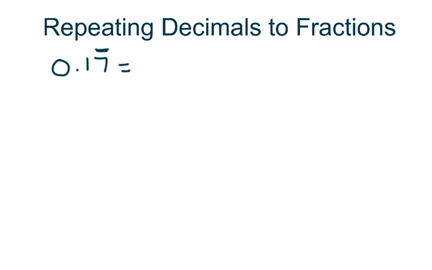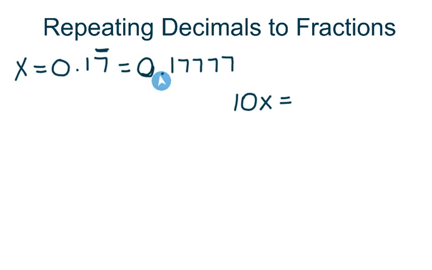So this decimal is actually equivalent to 0.17777 and repeating. So that is our x value. So again, one decimal place repeats means we only need 1 zero in our multiplier. So 10x will equal, again, multiplying by 10 moves it over one place value.